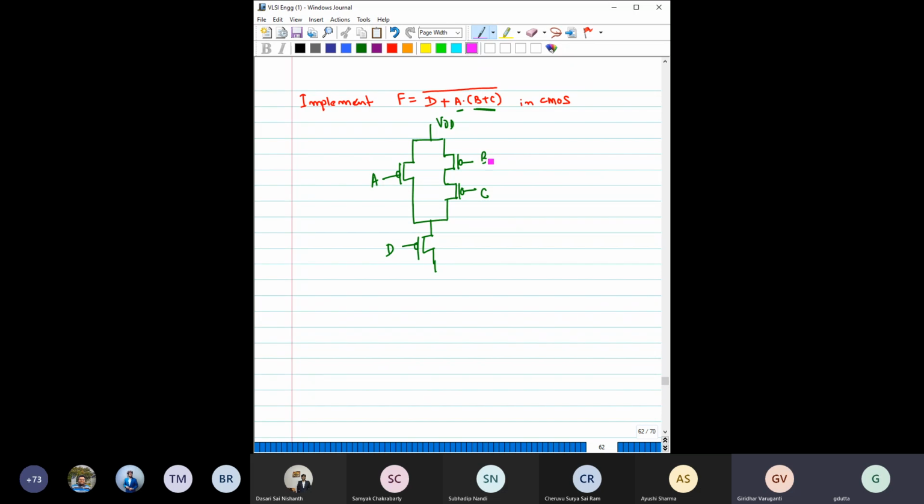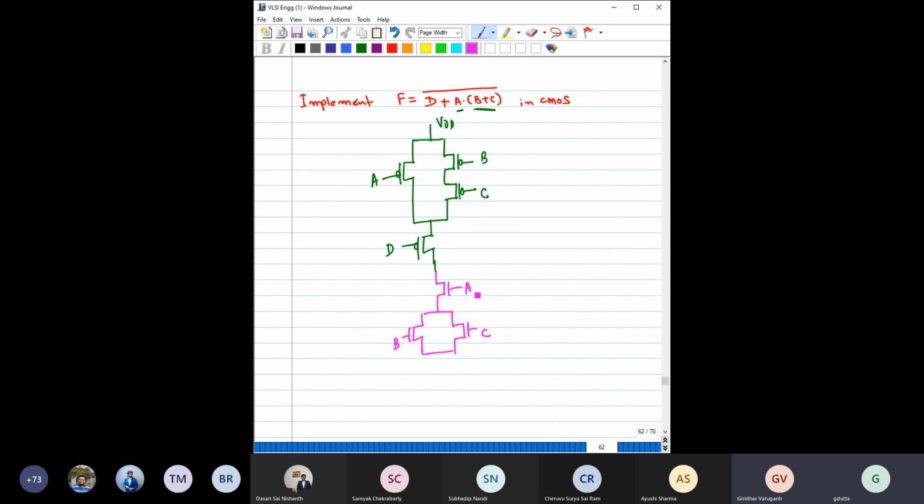Okay, now this is the pull up network part. Now we have to design the pull down network part. So in the pull down network, what is going to happen? Again, B plus C means two transistors are in parallel configuration. BC parallel. Now this is an AND operation with this A. So here it is parallel, but in PMOS definitely it would be in series.